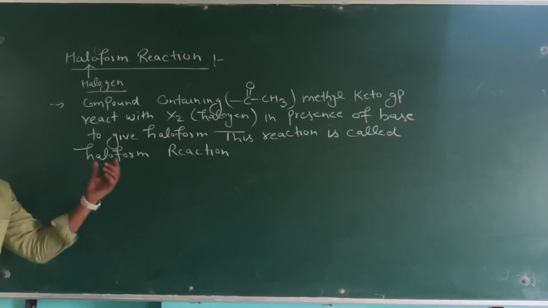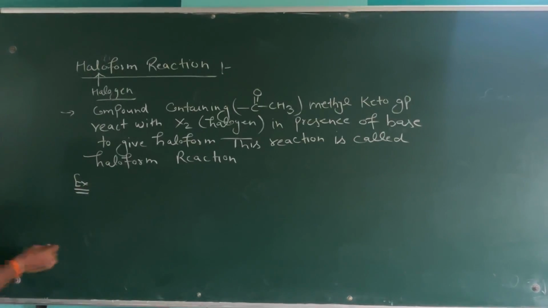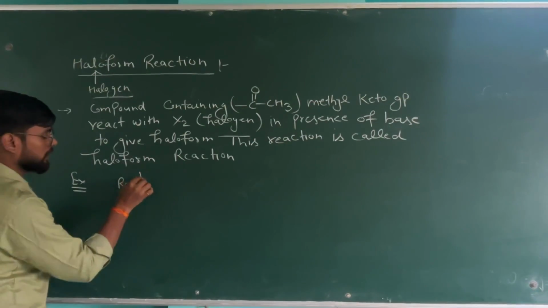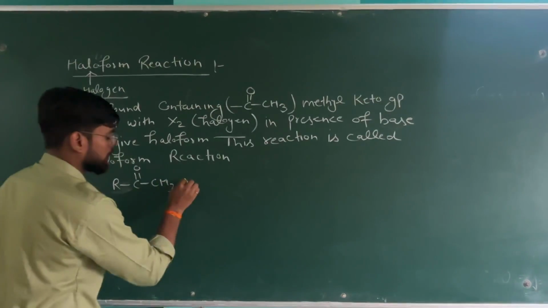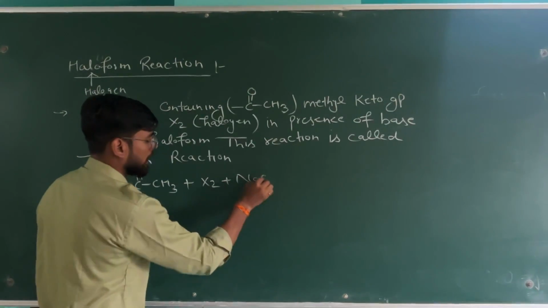This is the explanation. For example, we have the general equation: RCOCH3 plus X2 plus NaOH.